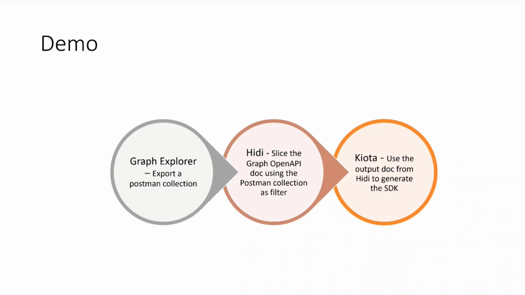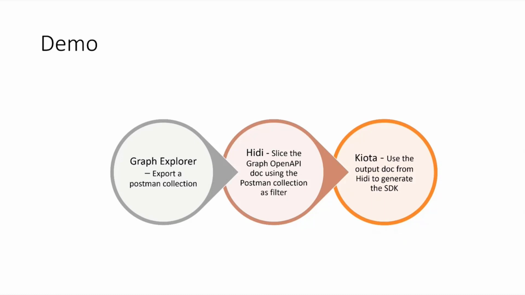And I hope you are familiar with Graph Explorer. Graph Explorer is our developer tool that allows you to learn and test with the Graph APIs, among other things that you can do there. So with Graph Explorer, I would like to export a Postman collection. So I'll go to Graph Explorer, get a Postman collection for the endpoints that I need for my demo.